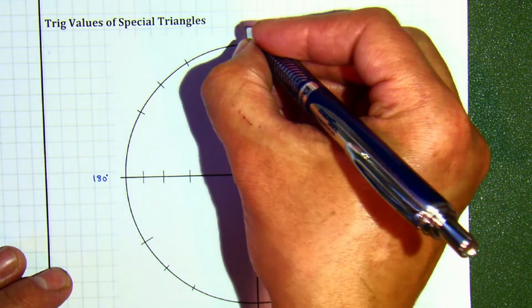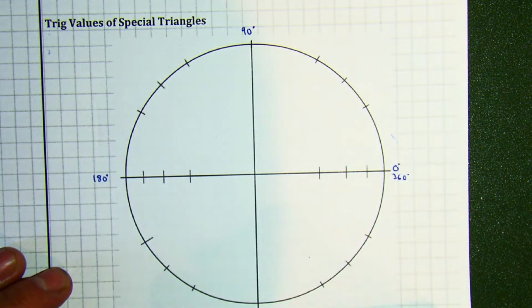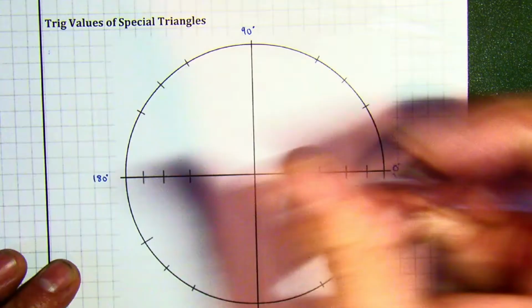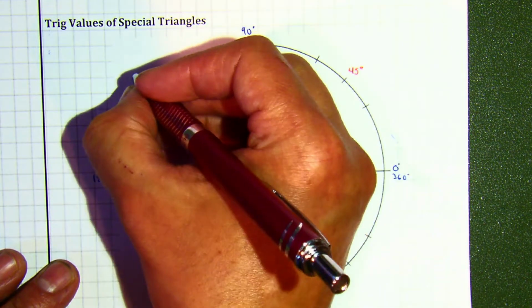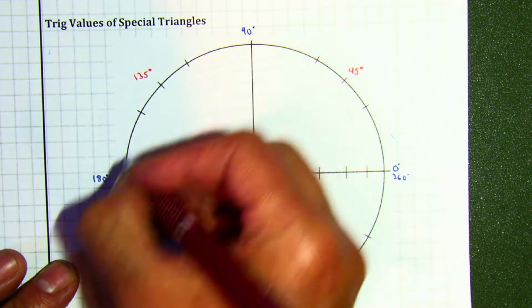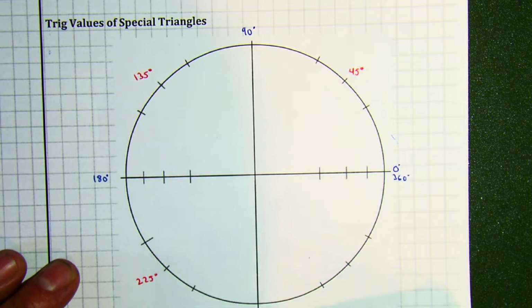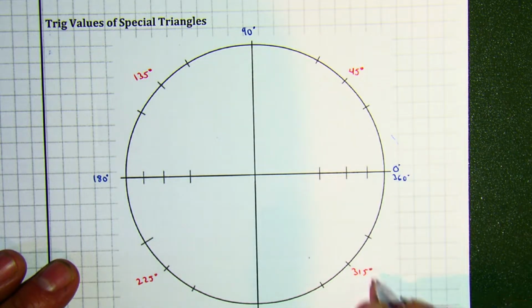Your quarter mark is 90 degrees, plus 90 is 180, plus 90 is 270 degrees. Then we're going to do your 45s, which is 45 degrees, plus 45 is 90, plus 45 is 135, plus 45 is 180, plus 45 is 225, plus 45 is 270, plus 45 is 315 degrees.